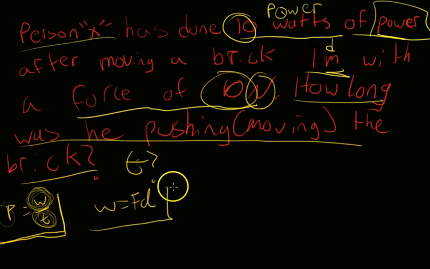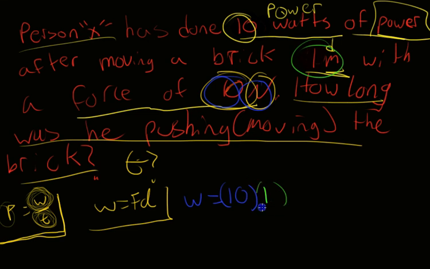So now we can go ahead and plug our numbers in. Work is equal to our force, 10 newtons, times distance, 1 meter, equals 10. And what unit do we have? We have newton meters, so we have joules. 10 joules of work.